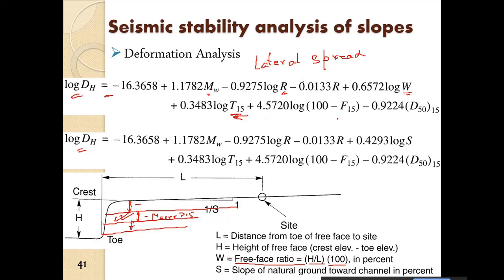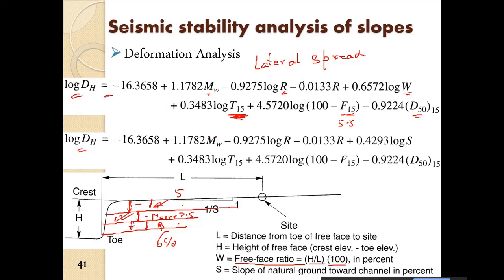And F15 is the average fines content of these layers which are added up. If this is suppose 5% and this is 6%, then 5.5% is the value that we'll be using here. And D50 is the mean diameter of the particles of these layers, whichever are added to obtain this T15.